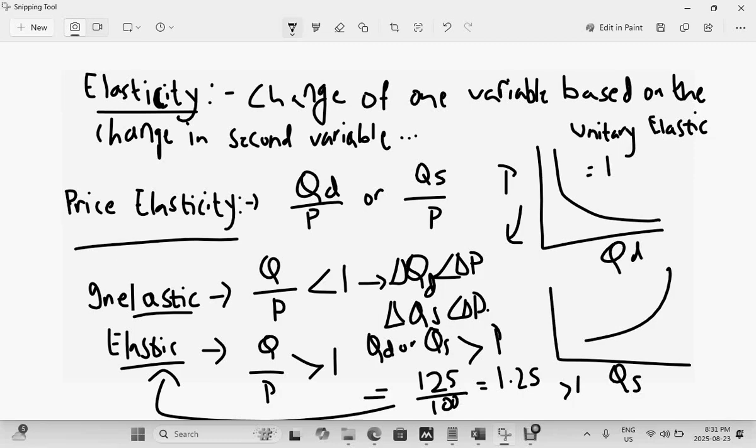This basically means that for every change in price, there will be an equal change in quantity demanded or supplied. Change in QD or QS.